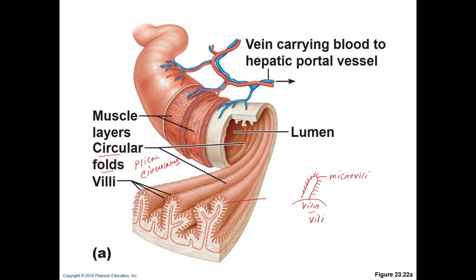So plica circularis, then many villi and many microvilli. All these structures increase the surface area. So the foodstuffs are here. So more surface area means better absorption of the nutrients. Okay.